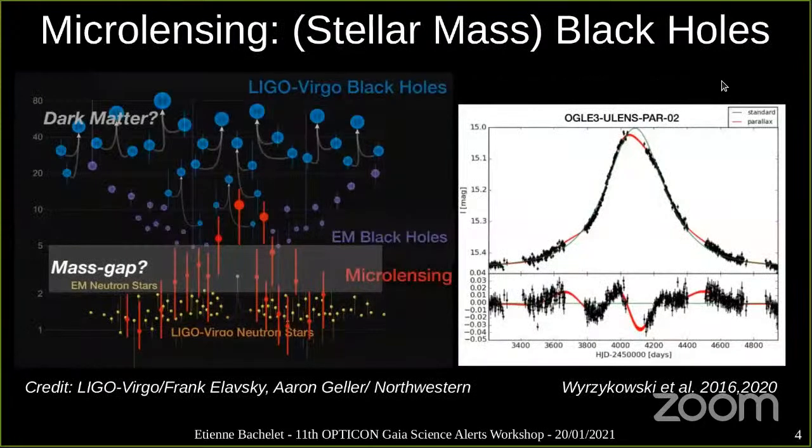But at the other side of the mass distribution of lenses, since we don't need to observe the light coming from the lens in microlensing, we are also sensitive to stellar remnants and especially stellar mass black holes.